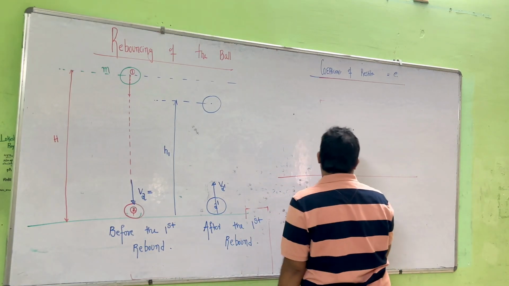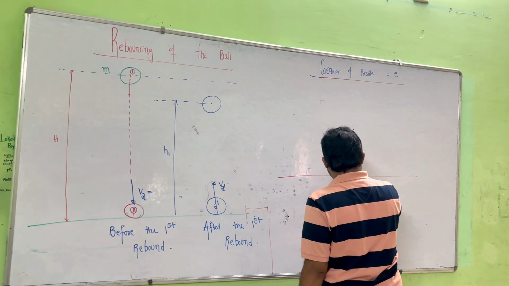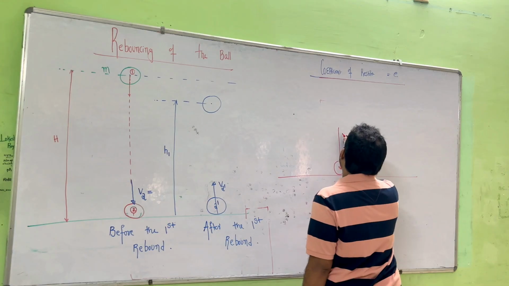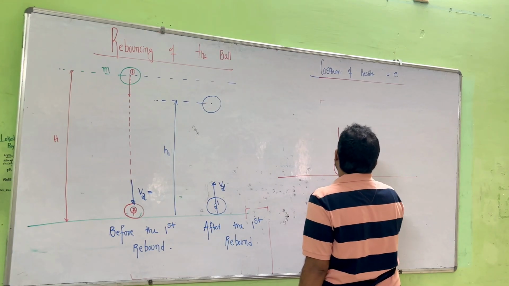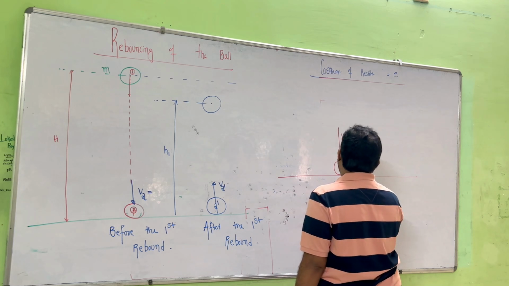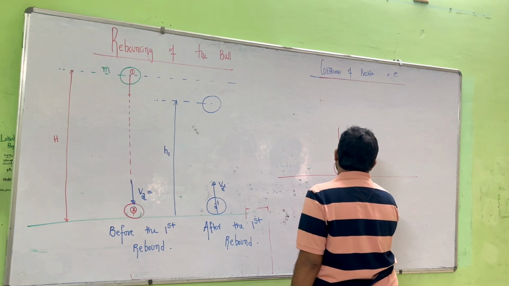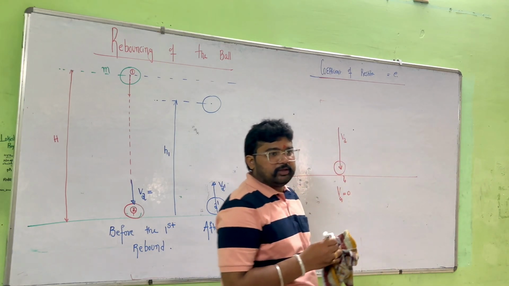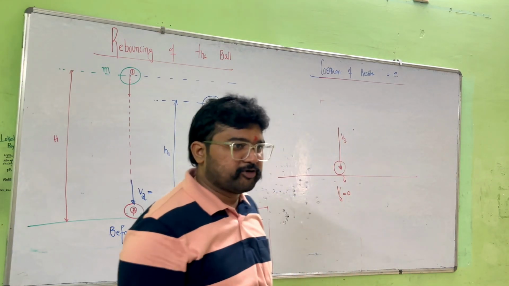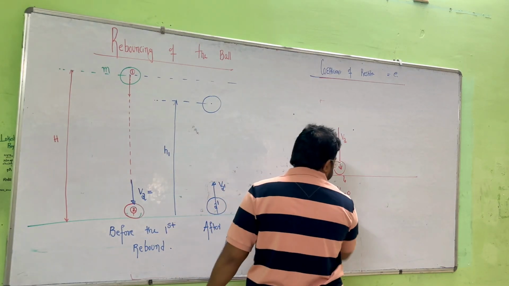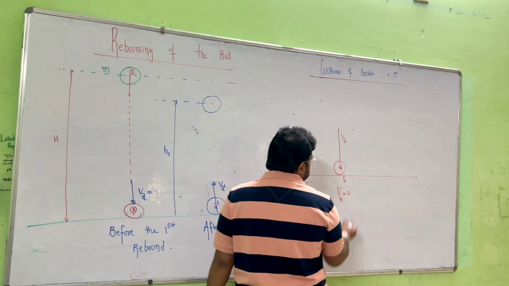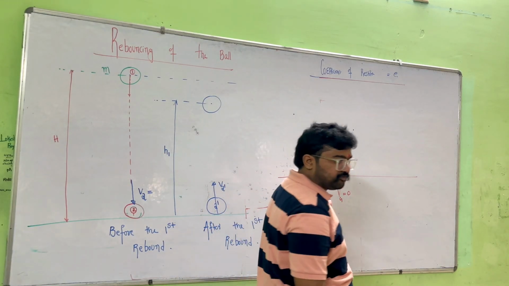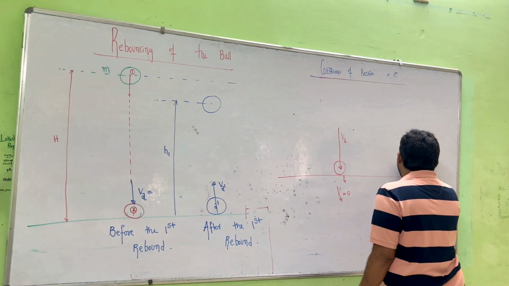About to hit the ground, this would be V2. This is before collision. Velocity of the ground equals 0, before collision, before the first rebound.